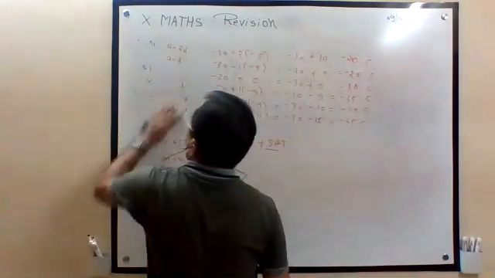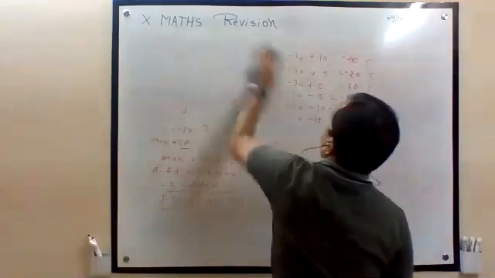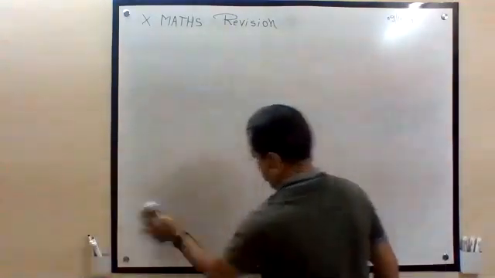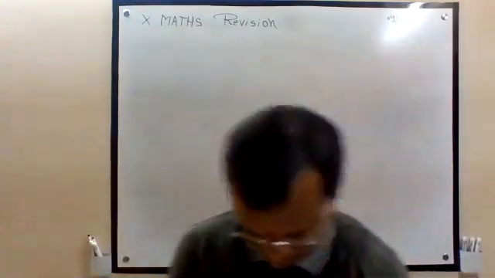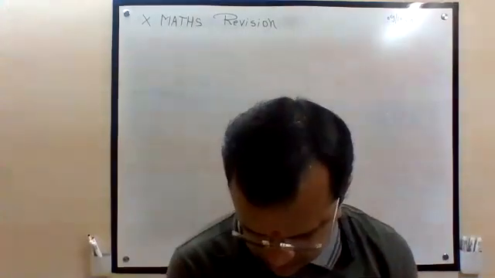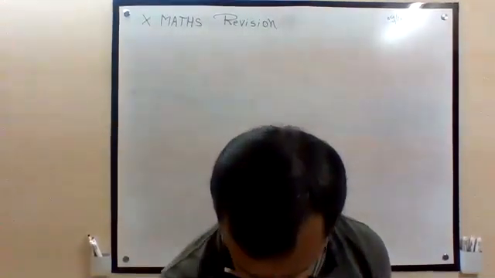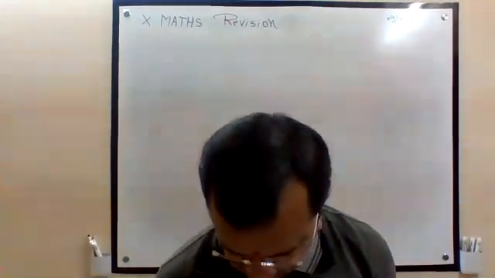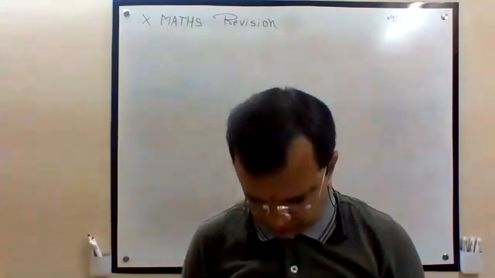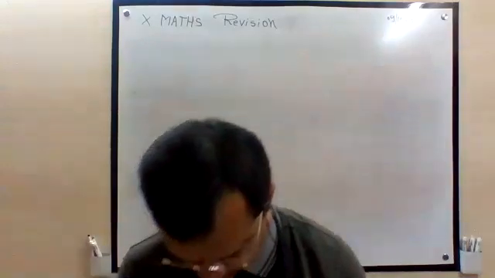Next. Sir, algebra page number 109. This is Mahi. 105, right? 109, sir. Sorry, 109.